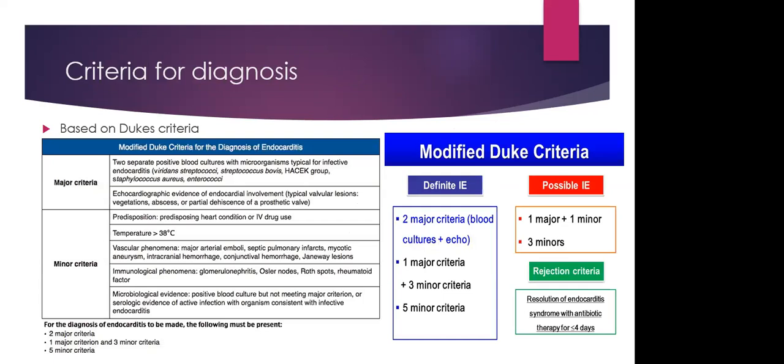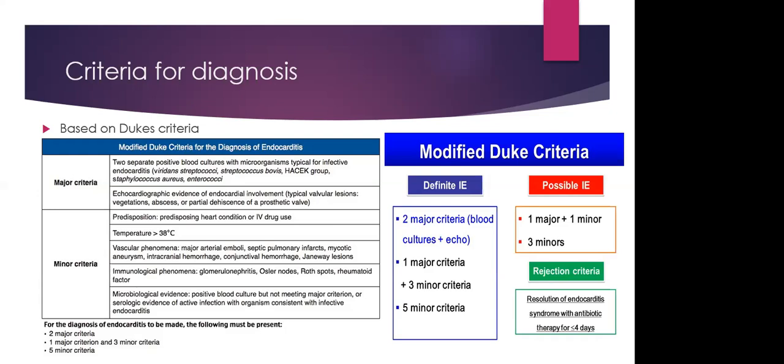So the criteria for diagnosis of IE is based on Duke's criteria. So it has major and minor. For the major criteria, it needs a positive echocardiogram with the presence of vegetation, abscess, or new partial dehiscence of a prosthetic valve, or positive blood cultures taken 12 hours apart.